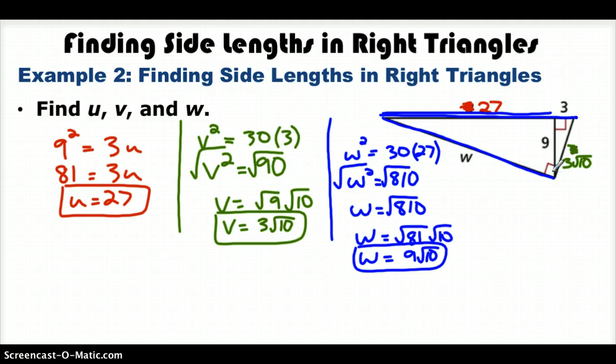Now remember, we can actually check our work here with the Pythagorean theorem. So 9 rad 10 there. I'm going to check my work. a squared plus b squared equals c squared.